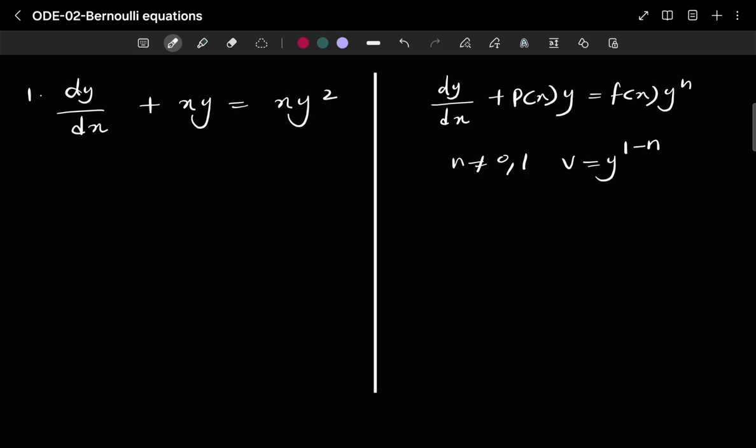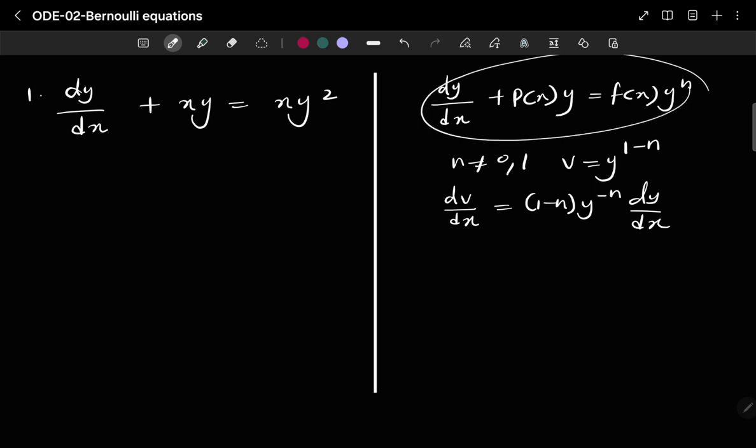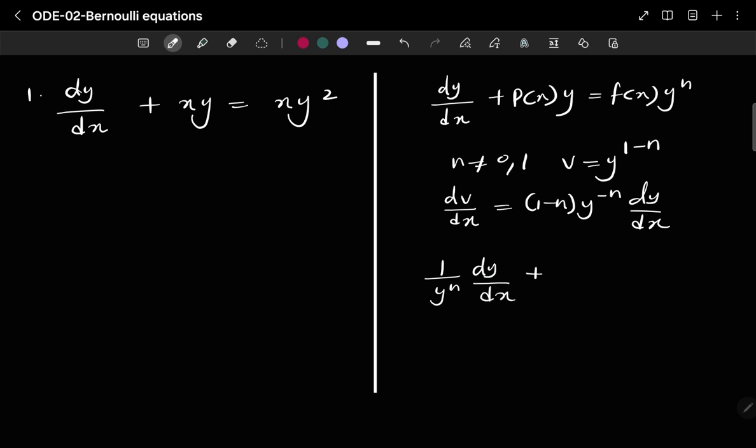To solve this type of equation, we differentiate the substitution to get dv/dx = (1-n) y^(-n) dy/dx. So we divide the whole equation by y^n, and we get (1/y^n) dy/dx + y^(1-n) p(x) = f(x).